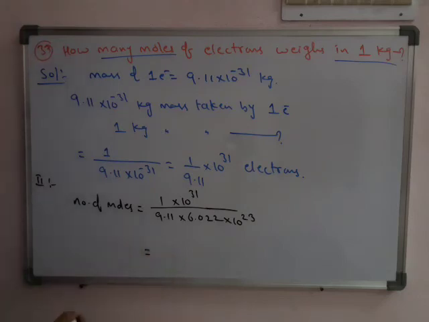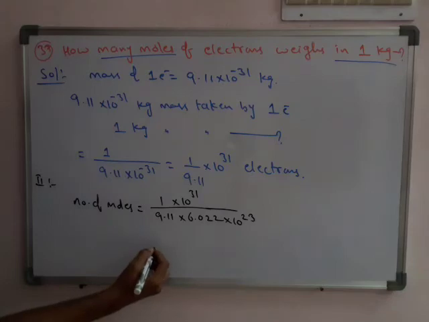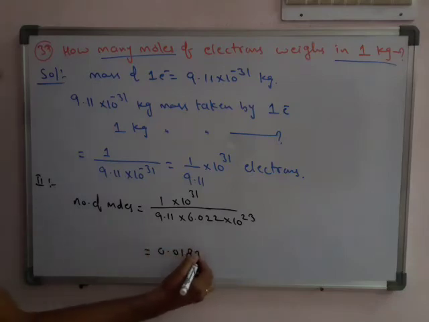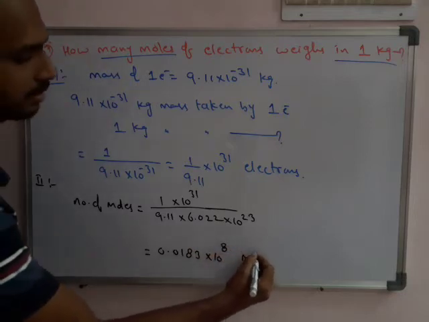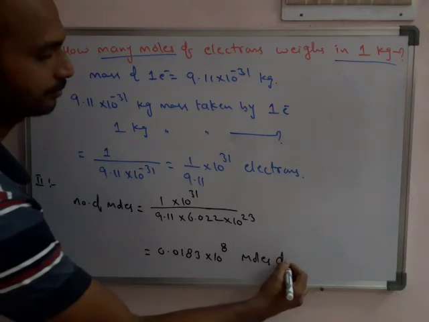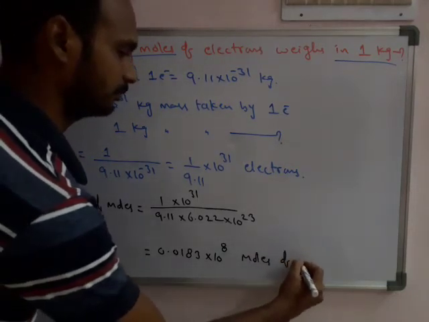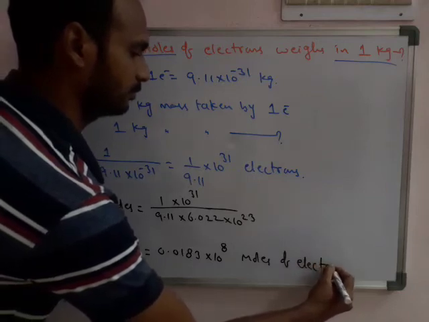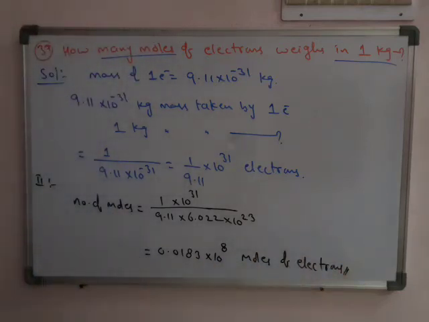On overall calculation, the options are given in different terms, but we will get 0.0183 into 10 power 8 moles of electrons. Okay, very simple.